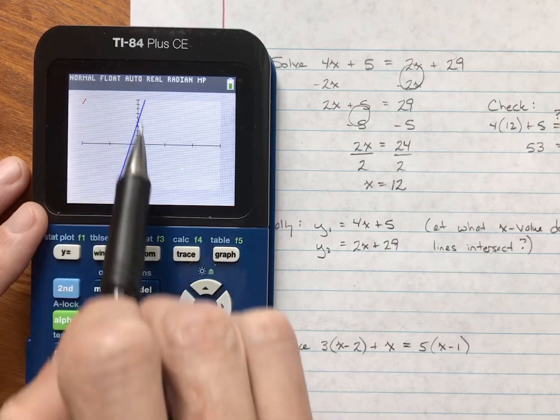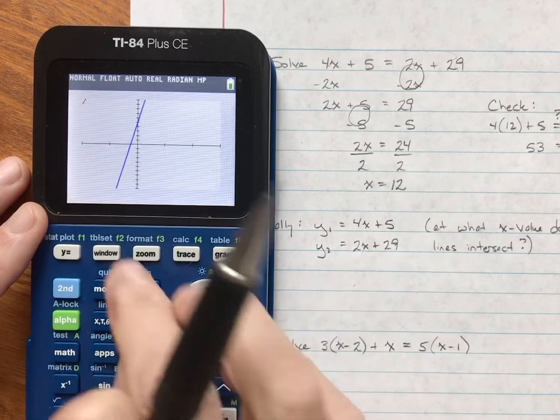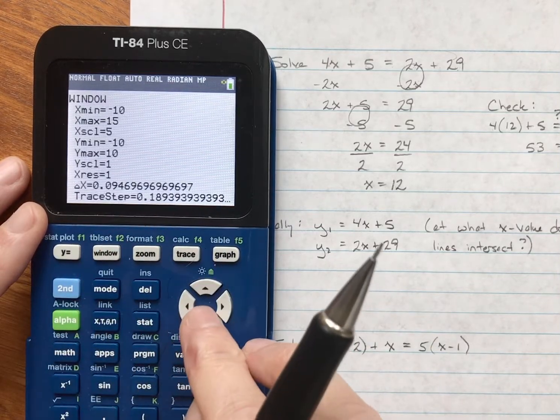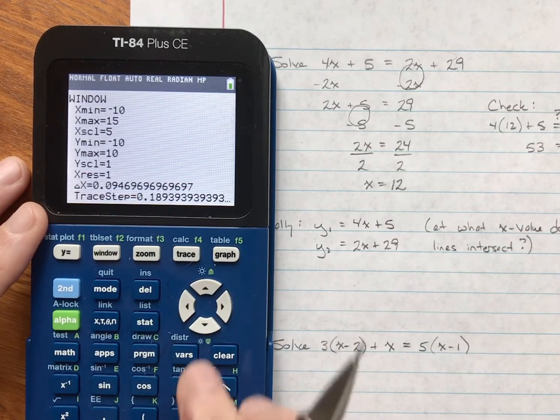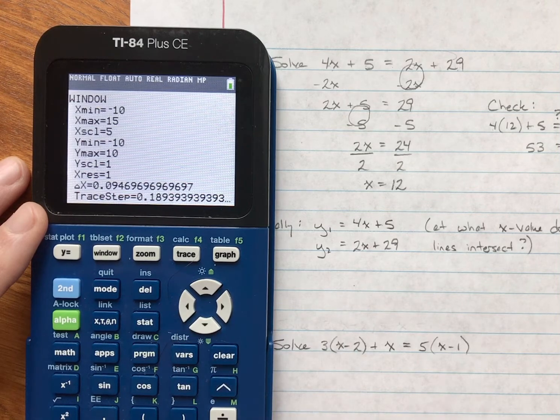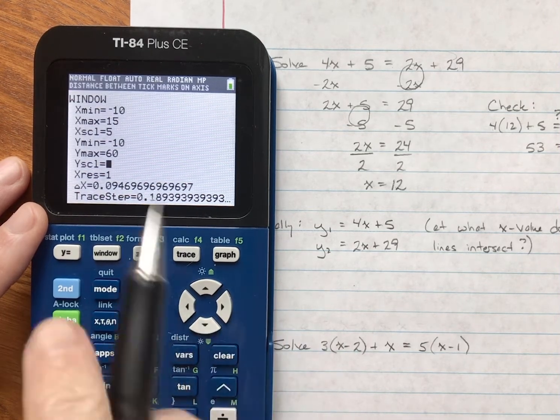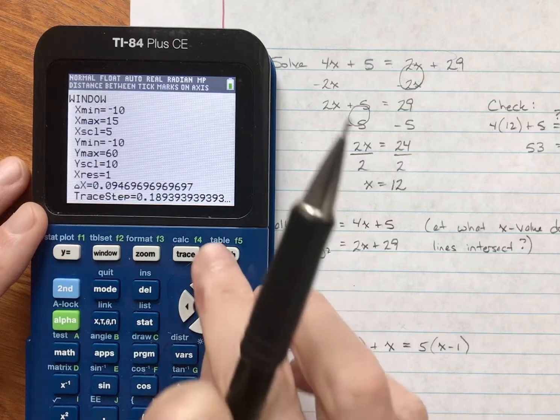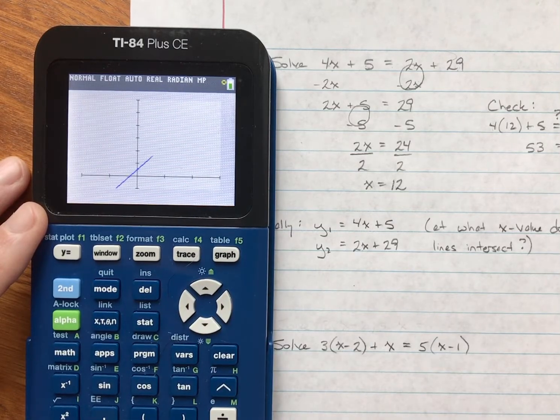Looks like they intersect up a lot higher. So I'll go back to my window. I need my y to go from -10 to 60, and I'll scale my y by tens. So there's my first line. Oh, here we go. Now I can see where they intersect.